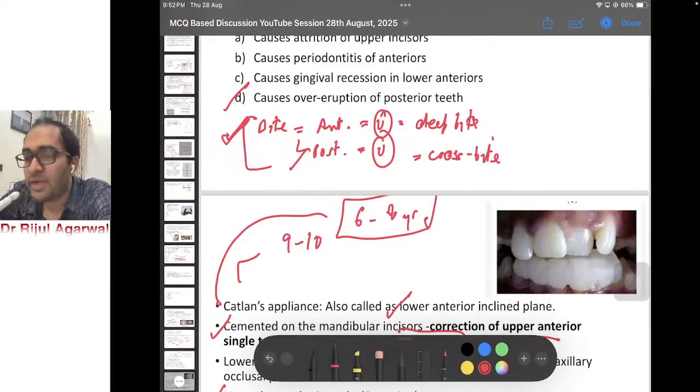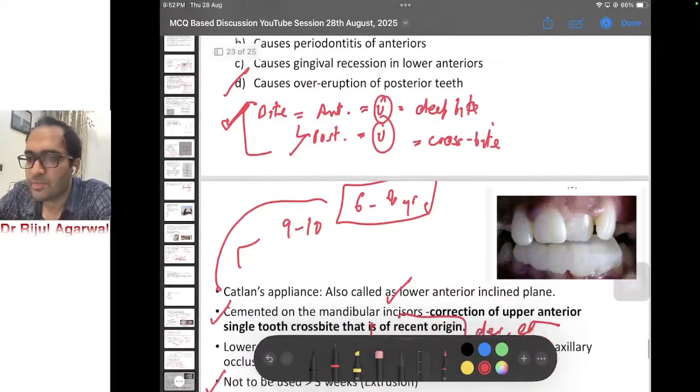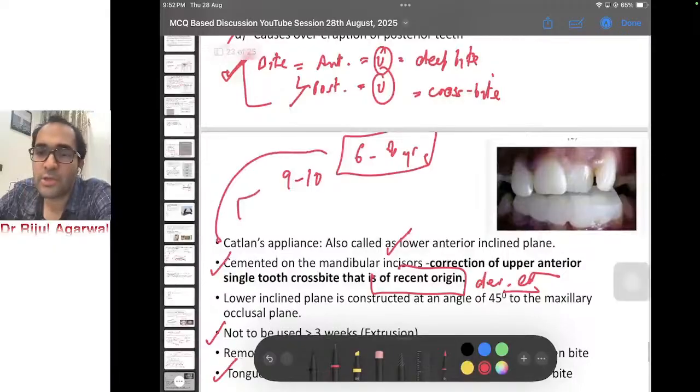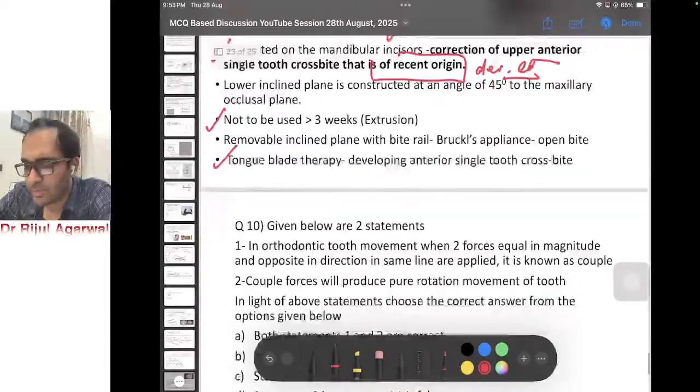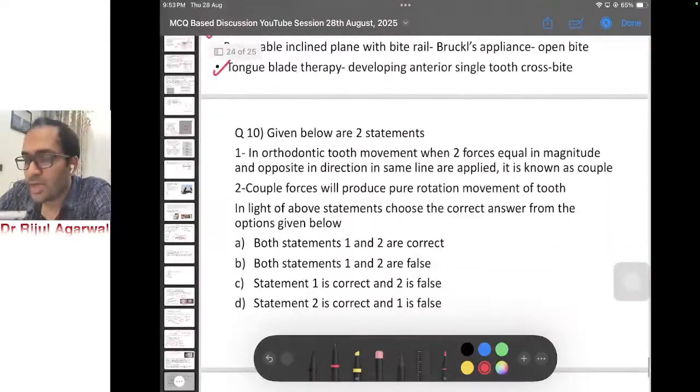Bite planes are a removable, proper kind of appliance. Blue bite is not an appliance name. Okay, I hope I am clear. So these are all the questions which you can get from bite plane, which I've just summarized here in one slide. Last question.